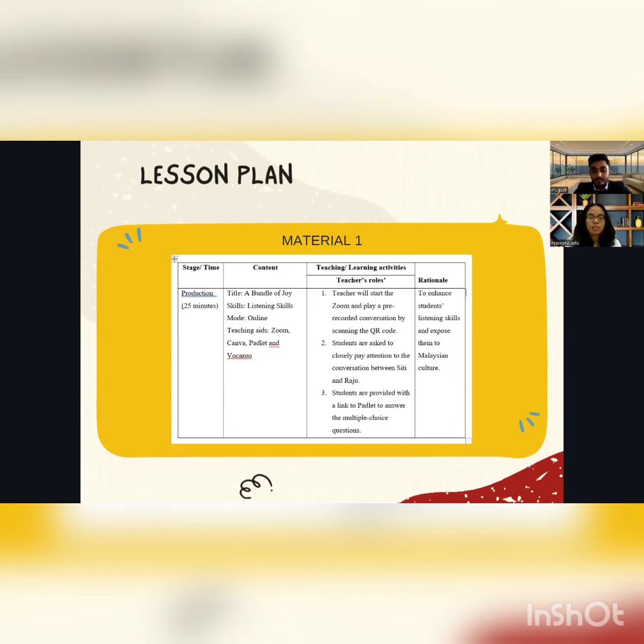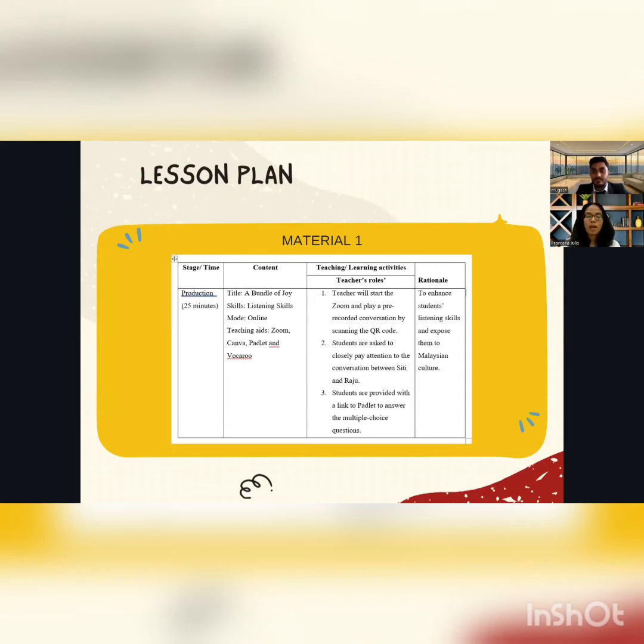The content of this material is titled A Bundle of Joy, and the skill is listening skills. The mode for this class will be online, and the teaching aids that we have used are Zoom, Canva, Padlet, and Vocaro. Moving on to the teacher's role, the teacher will start the Zoom session and play a pre-recorded conversation by scanning the QR code.